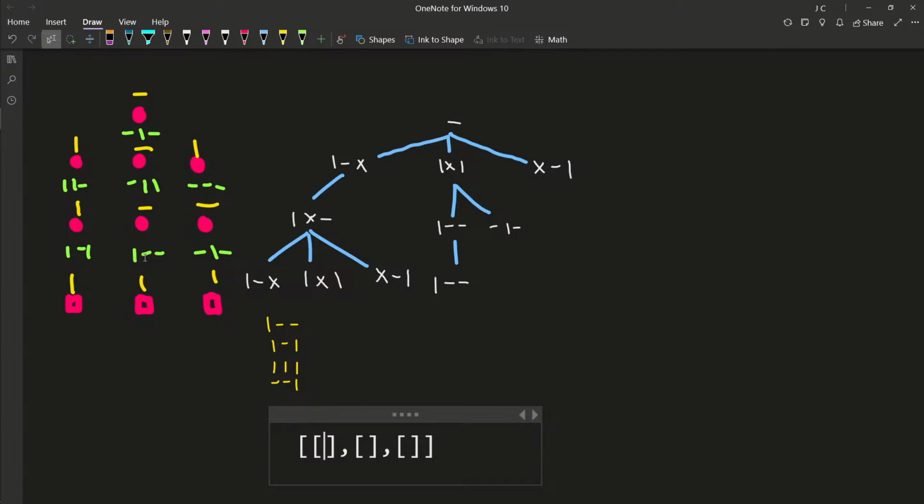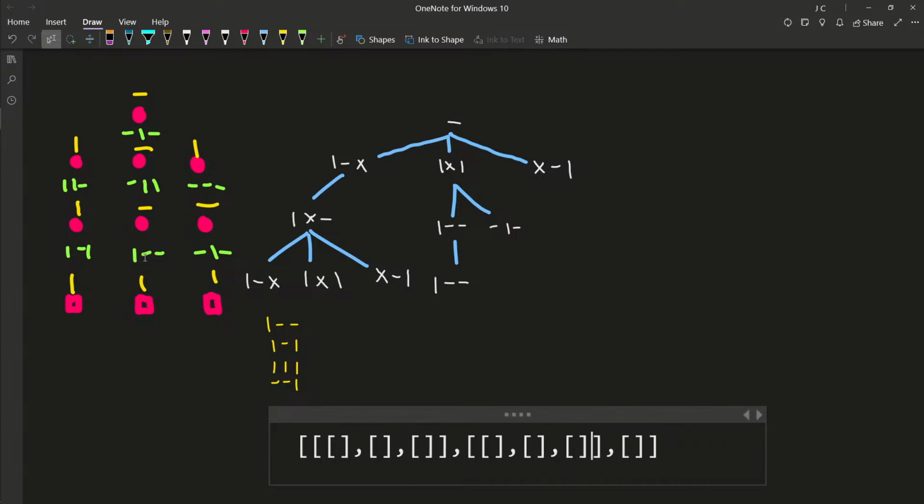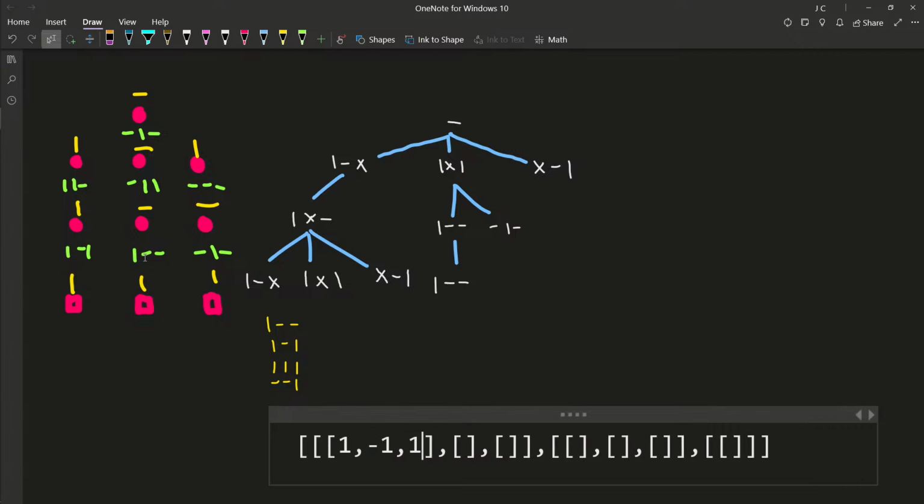The first layer will have, in this case, 3 units, the second layer has 3 units, and the last layer has 1 unit. And then you just fill them out, like 1, -1, 1, and so forth. Yeah. Okay, so that's right.